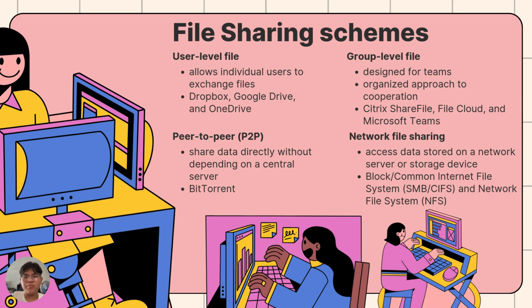This is accomplished using cloud-based services or direct file transmission techniques. For example, cloud storage solutions such as Dropbox, Google Drive, and OneDrive enable users to share data by creating shareable links.